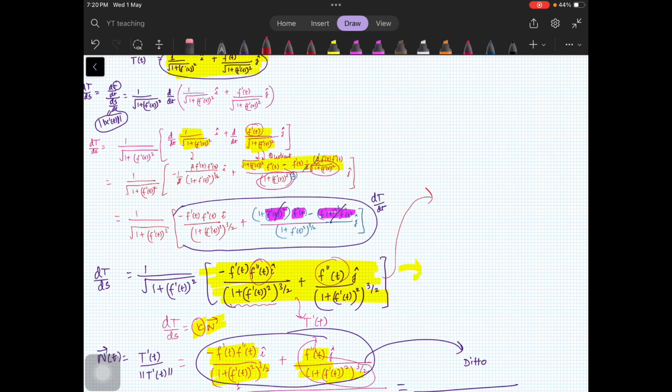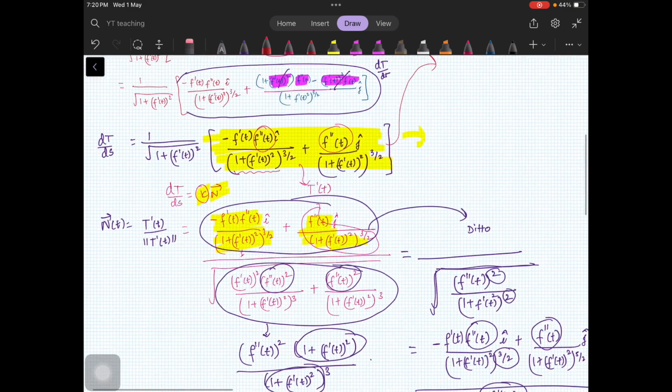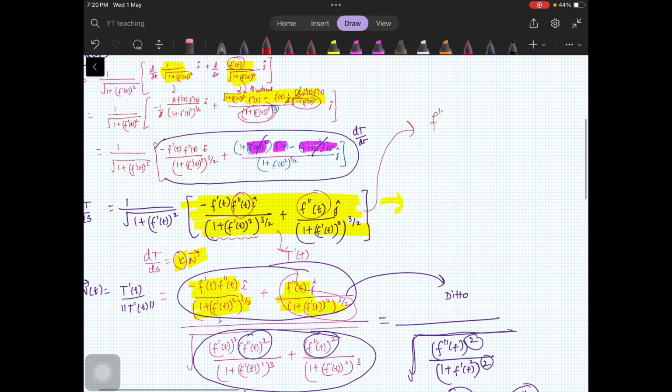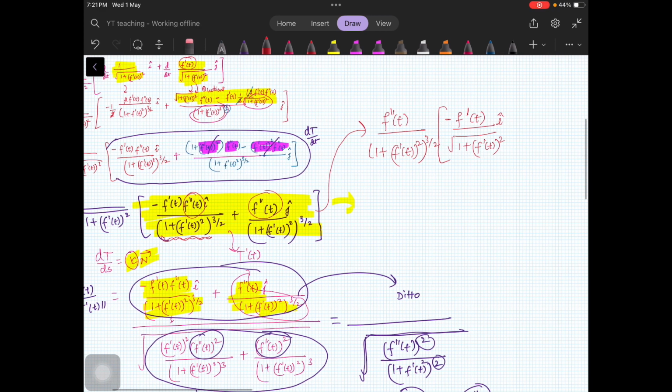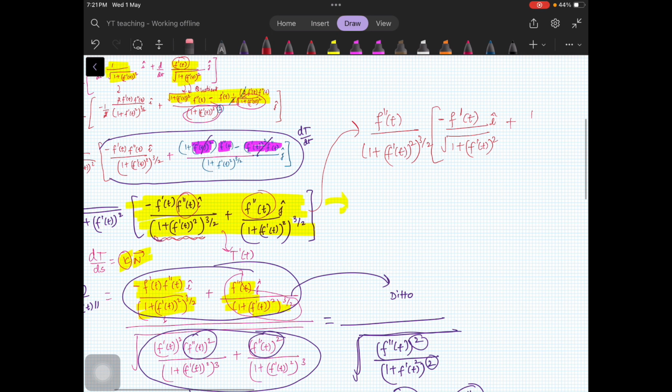So, this would be f double prime t divided by, I am taking 1 power out. So, that will make 1 plus f prime t square raised to power 3 by 2, and inside you will be left with minus f prime t over square root of 1 plus f prime t square i cap, and then the second component is 1 j cap upon square root of 1 plus f prime t square.